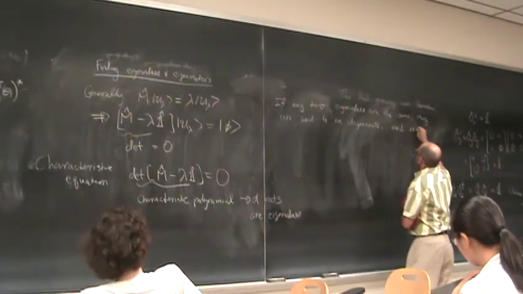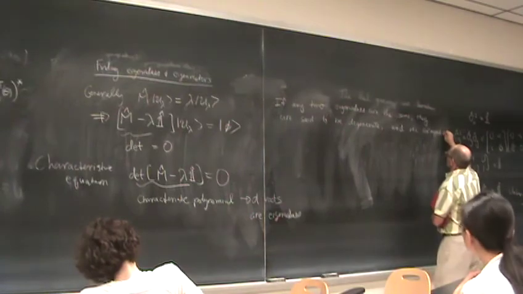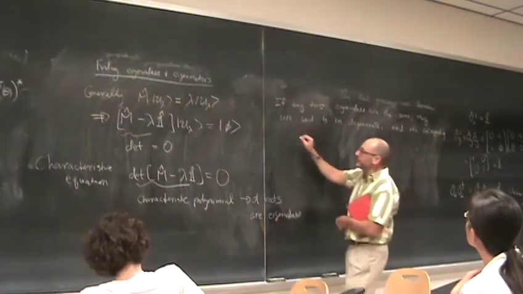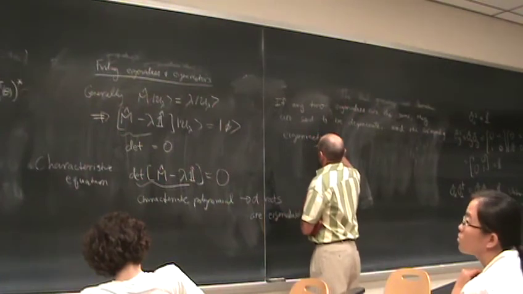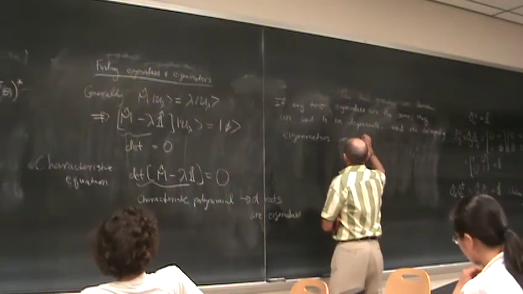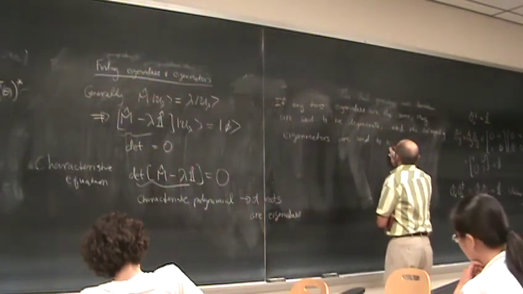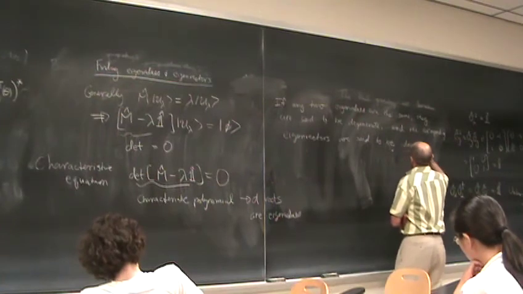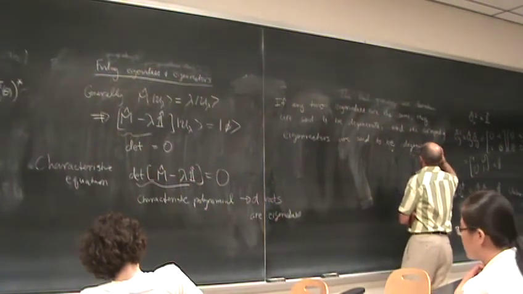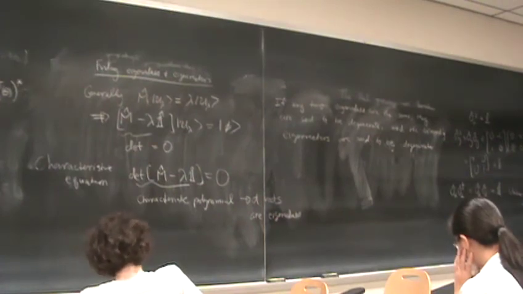And the corresponding eigenvectors are said to be degenerate. So we have degenerate eigenvalues and degenerate eigenvectors. Okay, we'll get to that soon.